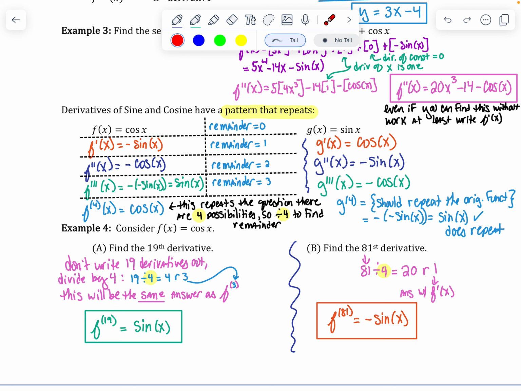We've got a bunch of these sets of 4 happening. And whatever that remainder is, that is the derivative you have to take. So you'll never be taking more than 3 derivatives deep. So when I said the 19th derivative is the same thing as the remainder 3, the remainder 3 is to find that third derivative, which is positive the sine of x.